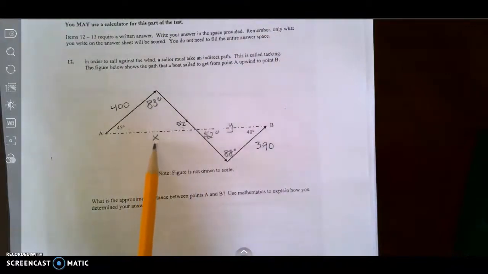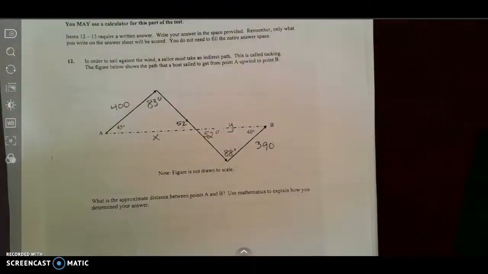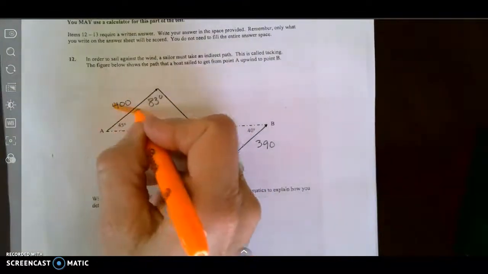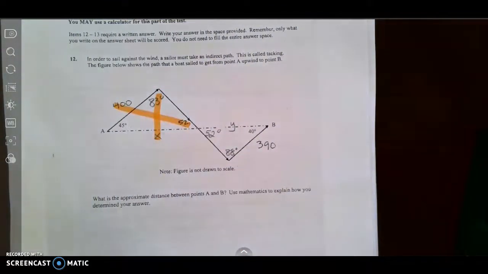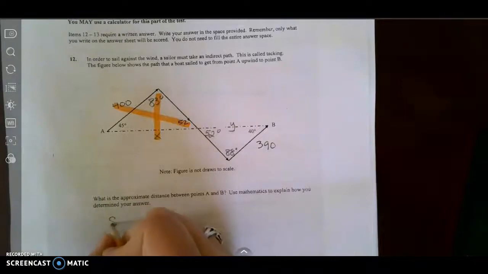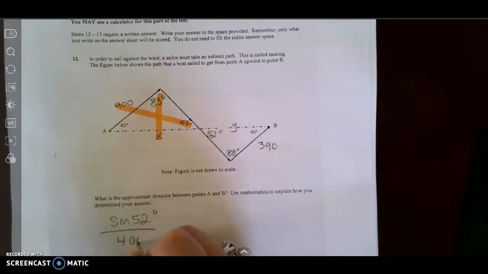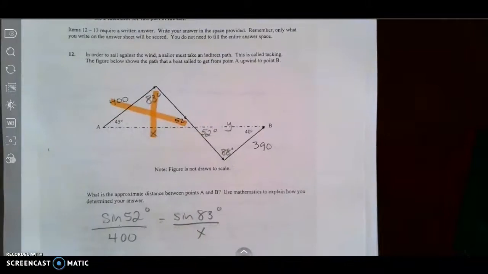So I need this distance here, and I need this distance here. So when I have all the angles, I can use law of sines. This is the one that I have, this is the one that I need. So I'm going to say sine 52 degrees divided by 400 equals the sine of 83 degrees divided by x.